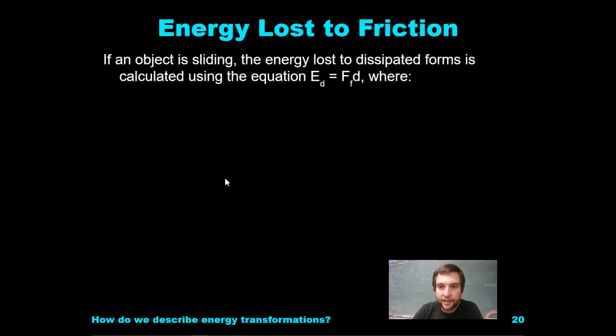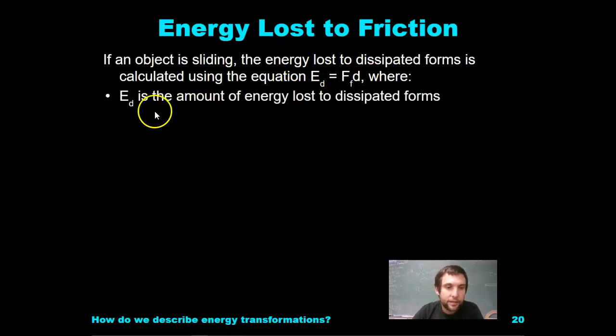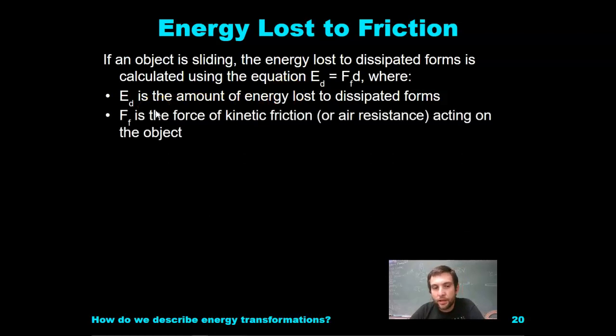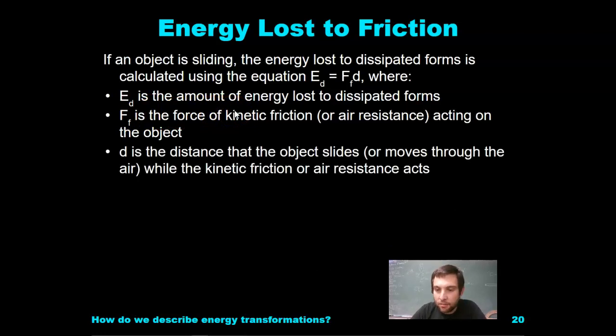If an object is sliding, the energy lost to dissipated forms is calculated using the equation E sub d equals F sub f times d, where E sub d is the amount of energy lost to dissipated forms, F sub f is the force of kinetic friction or air resistance acting on the object, and d is the distance that the object slides while the kinetic friction or air resistance acts.